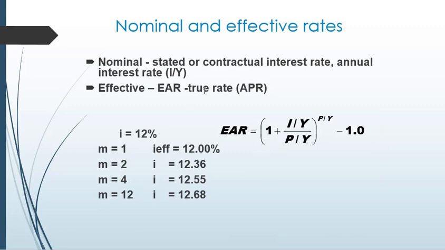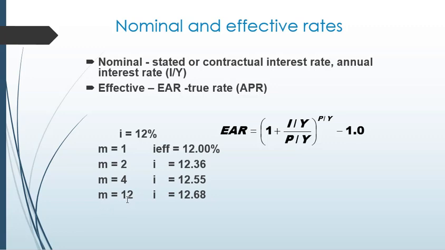Looking at interest rates then, this obviously has to do with this compounding piece. Because if you compound more frequently, as we mentioned earlier, you earn a higher rate of return. So at 12%, if M equals 1, then the effective interest rate, the actual interest rate you earn, is that 12%. But what happens if we have monthly compounding?